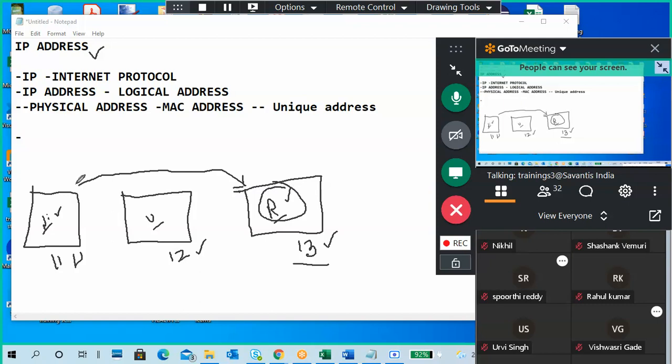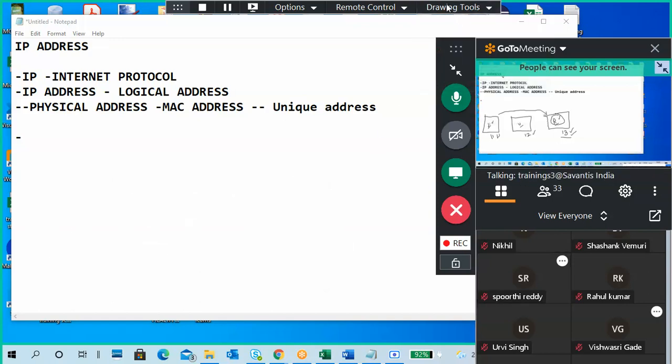But when you are sending, how do you know the location of Rahul, where he is located? How do you identify the system named Rahul? That is with an IP address only. That is a very simple way.